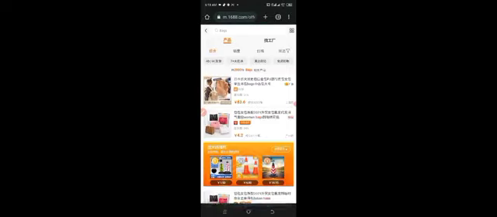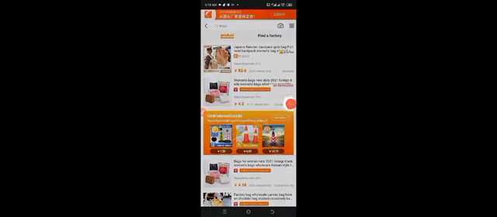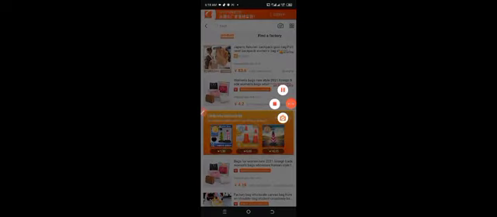After you tap bags, you click on this search button by this part of the screen. So you tap it and then you see different bags that are available and their prices. So that is just how to search on the 1688 app using the words search. Thank you very much.